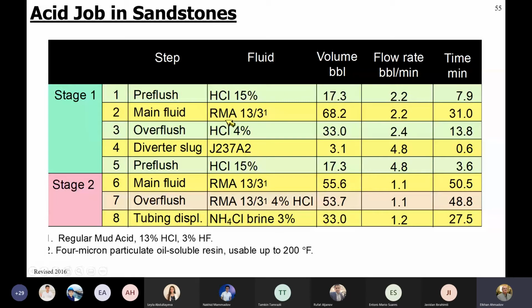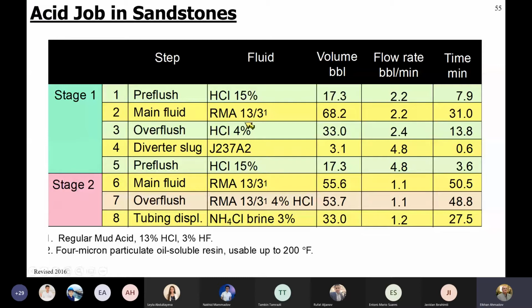The reaction of mud acid with the calcium carbonate will create calcium fluoride precipitations and calcium chloride precipitations, and these will be additional formation damage.